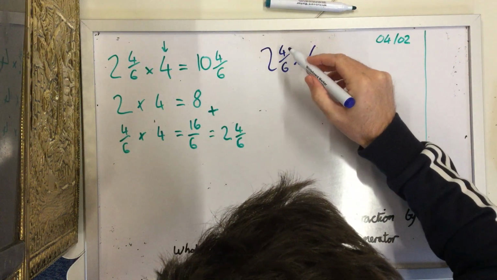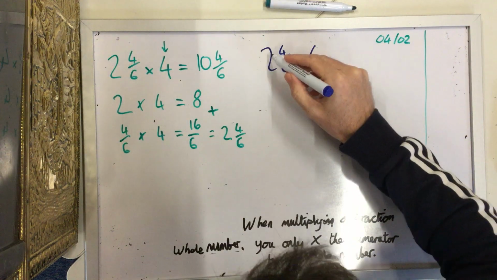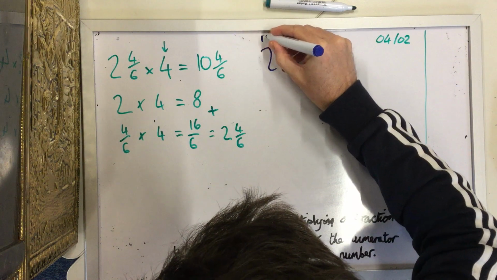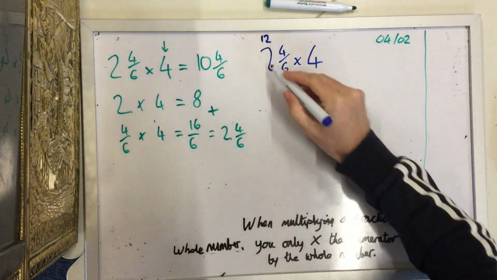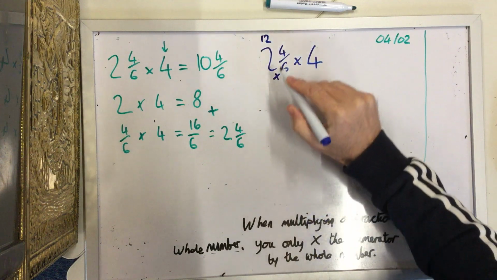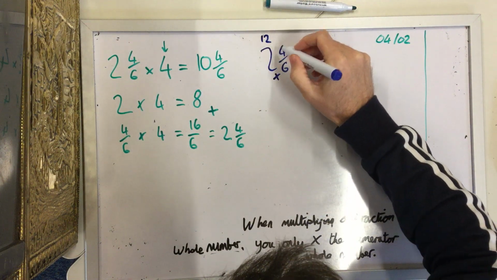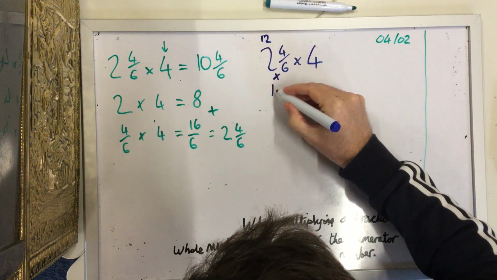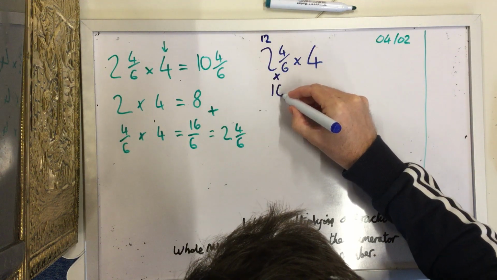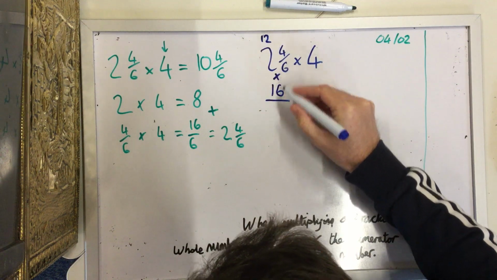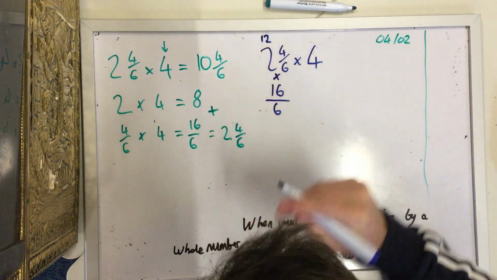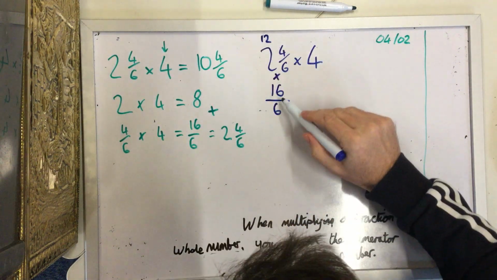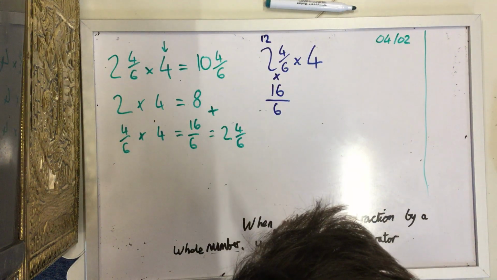So 2 wholes, so 2 times 6 is 12. Then we add the 4. So 12 add 4 is 16, and then over our original denominator. So 2 and 4 6ths is also 16 6ths.